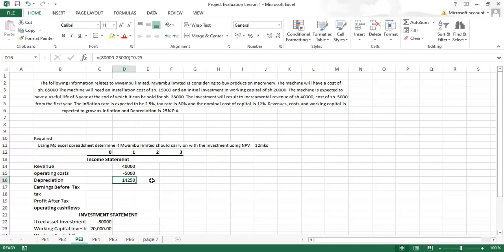You see, and year 2. So I'll just write here a simpler thing. I'll do equals 80 minus the salvage value. I want to know what was remaining. It was 57. So equals, open bracket, 57,000 minus the previous one. Control enter.